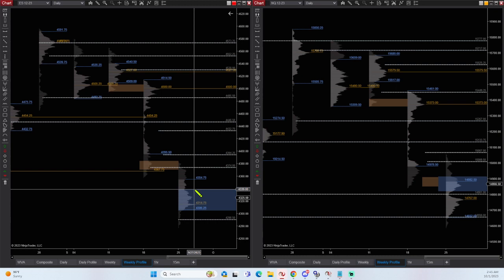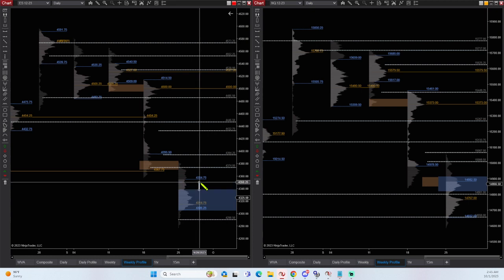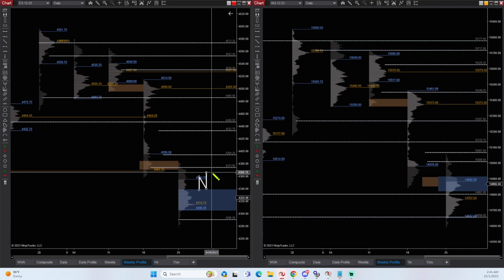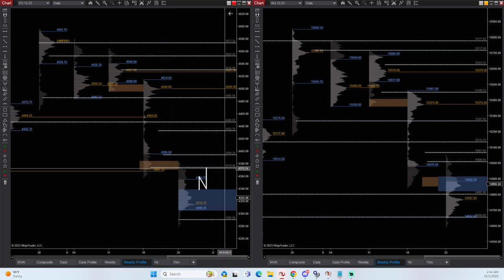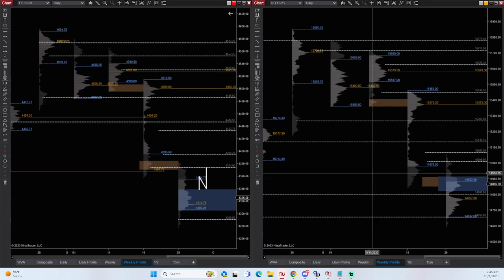What we're looking for is if we're within this area, it's going to balance back and forth, two-way trade. And if we get above and outside, are we going to be able to build volume above this box? And if we do, then I will look to trade toward previous week's balance and settlement price around this 4374. Same thing on Nasdaq.